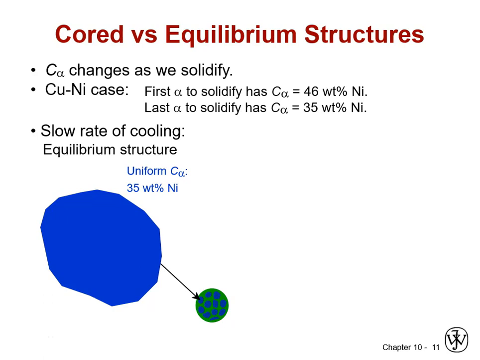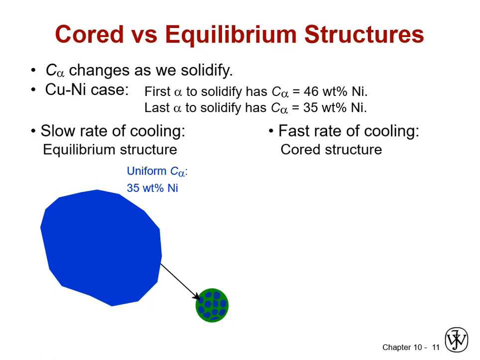This little animation will show you a schematic of what happens in that case. We're starting with our equilibrium cooling. If we have a slow rate of cooling, we end up with a uniform composition across our grain, and it's shown as just a big blue grain blob because it has the same concentration. The color is representing the weight percent nickel in this case.